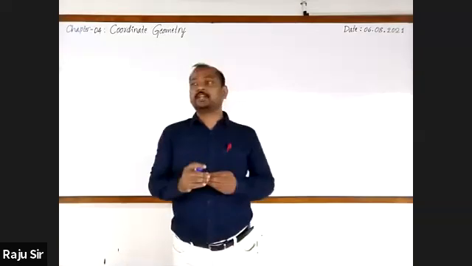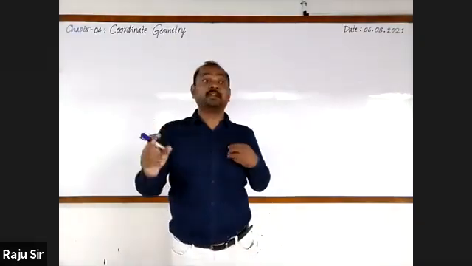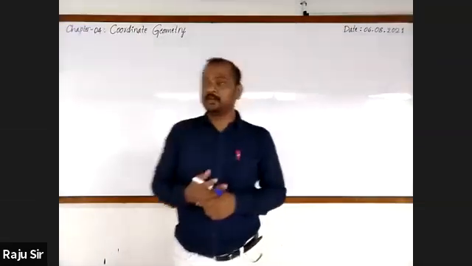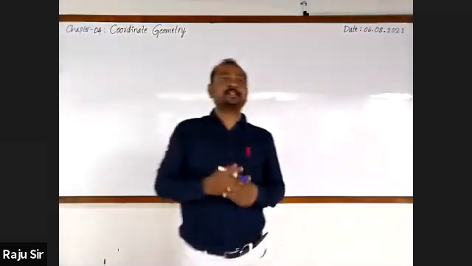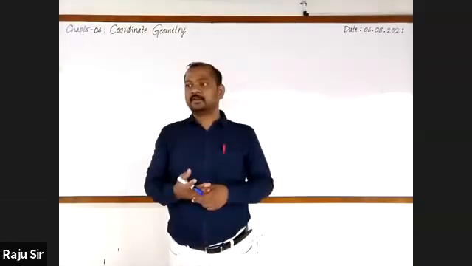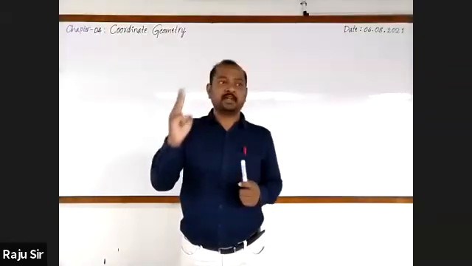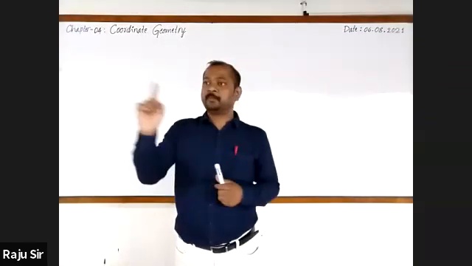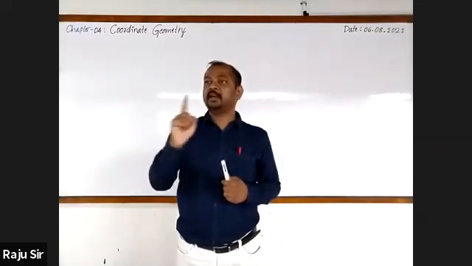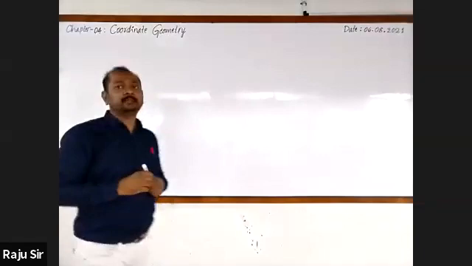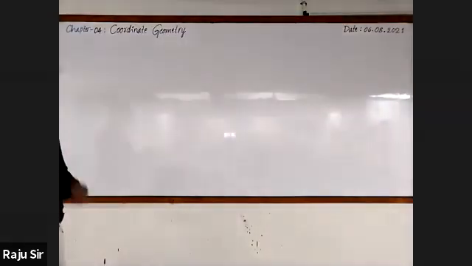A dot which has no dimension but can be identified by its position only is a point. Then a set of points arranged in a particular manner is called a line. So these are the 3 basic concepts of geometry: plane, point, and line.